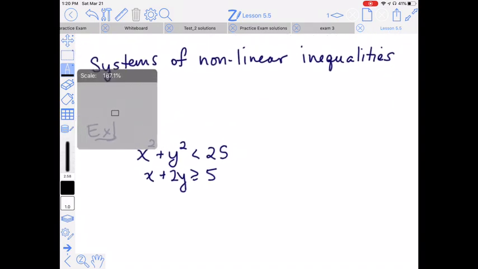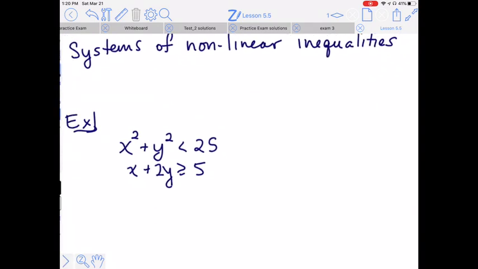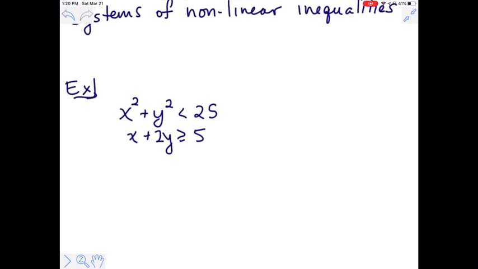We have systems of nonlinear inequalities. So this could be, in this case, what we're graphing is a circle. If you have x squared, y squared, that's a circle. The way that you graph a circle, and they're going to keep it simple in this section, the center of the circle is always going to be at the origin.